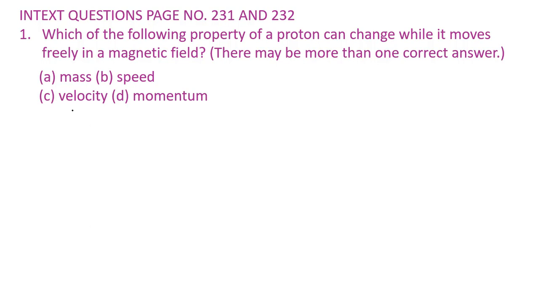Students, remember that whenever a charged particle enters a magnetic field, its velocity and momentum will change. Why? Because it will experience a magnetic force. So due to the force, the direction of velocity will change, and momentum is the product of mass and velocity. So velocity is changing, so momentum will also change.